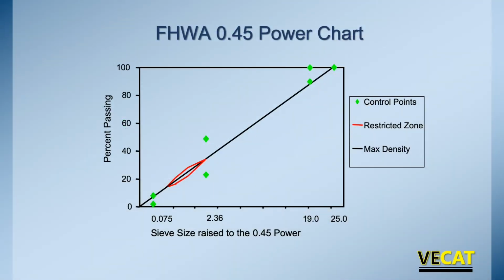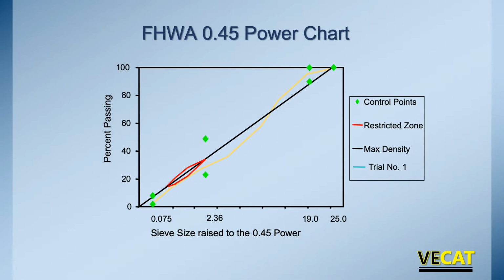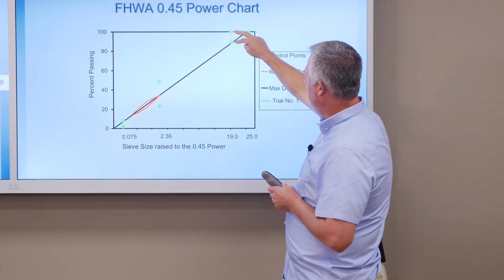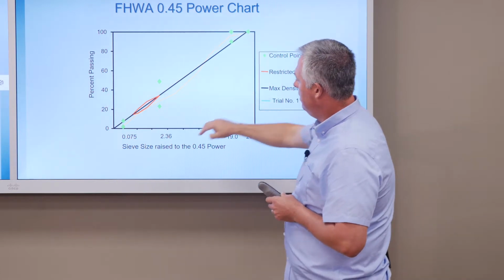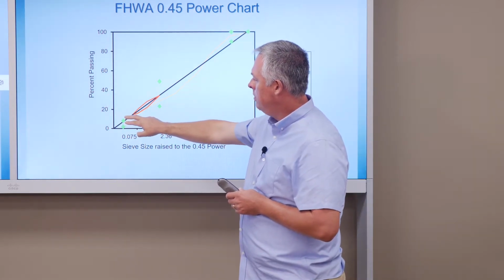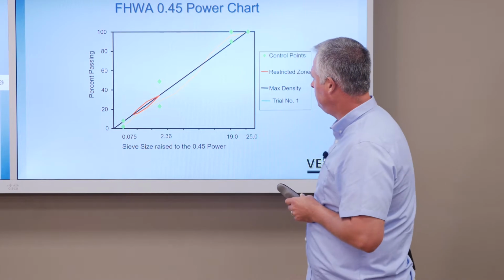So basically our design is going to have to run through these wickets for it to be acceptable. So here's trial blend number 1, and it comes through, and there are a couple of things you need to notice about this. The wickets up here at the top at the 3/4 are above the maximum density line. Down here for the dust, we're below the maximum density line.